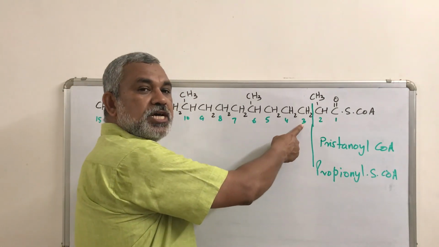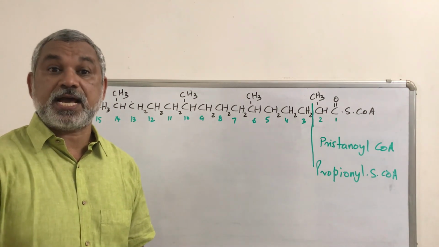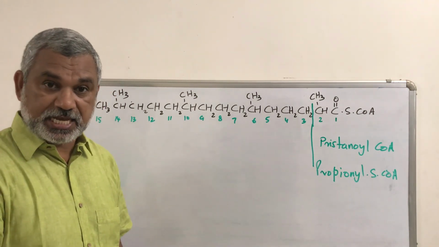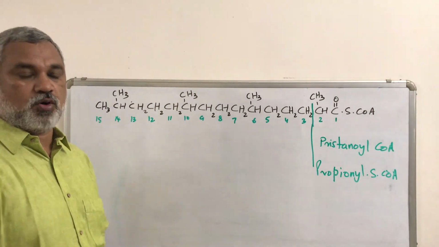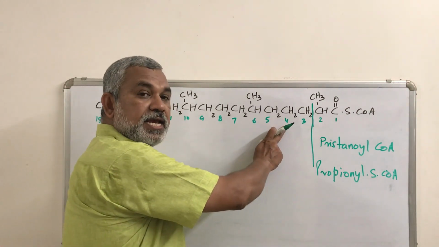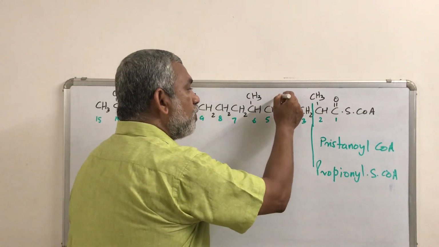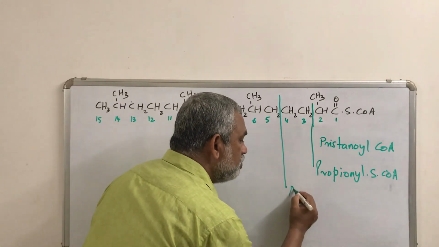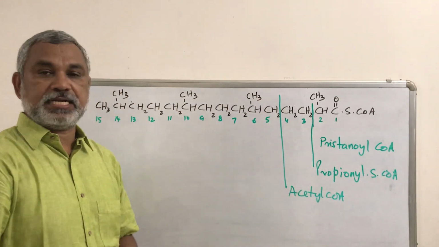Therefore, this particular carbon number 3 will have a coenzyme A attached with the help of the beta ketothiolase enzyme. So that will undergo the next round of beta oxidation. Now remember, in the next round of beta oxidation, there is no branching. Therefore, a 2-carbon unit can be removed as an acetyl-CoA. That is the second round.